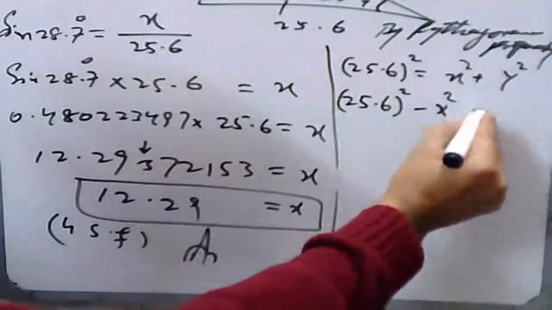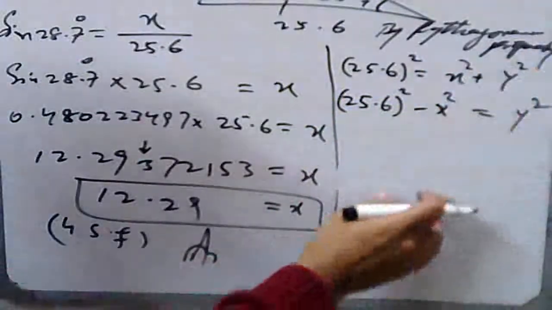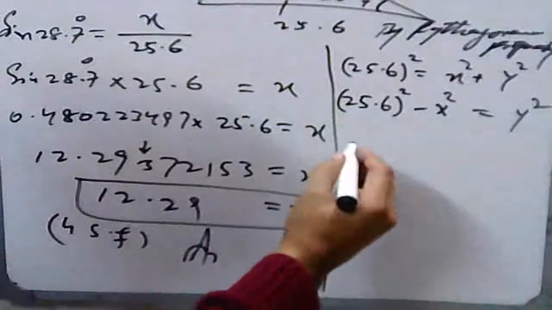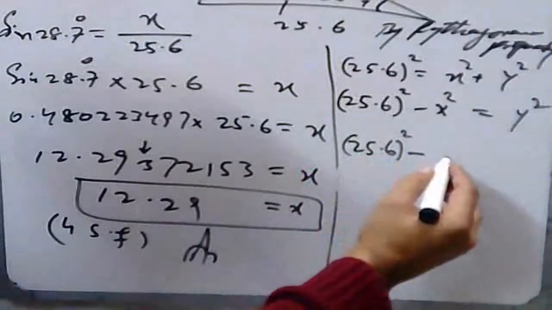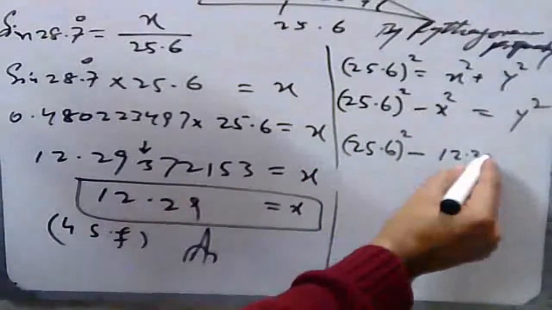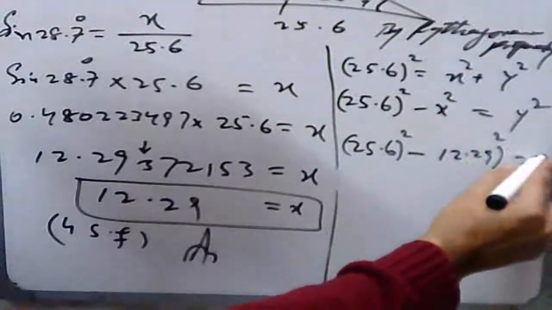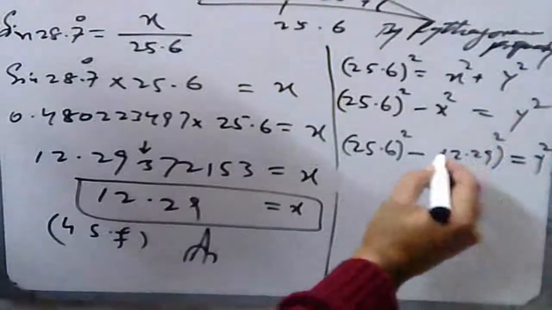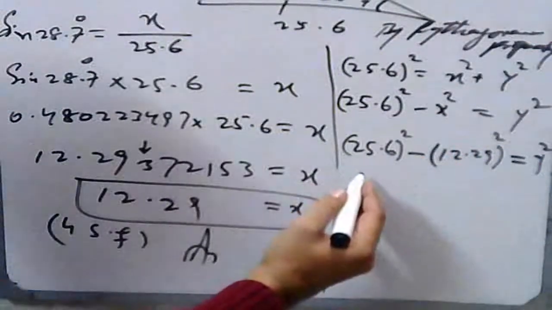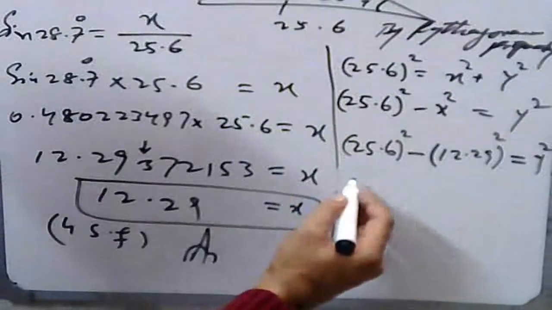For example, we need the value of y square, so you should shift this minus x square, so that 25.6 square minus x square is equal to y square. Leave y square there because we have to find the value of y. So that's why it is 25.6 square minus, what is the value of x? That is 12.29, just as we have calculated.